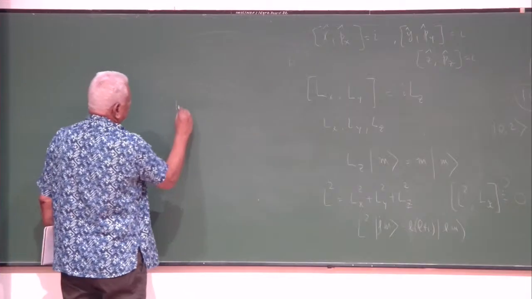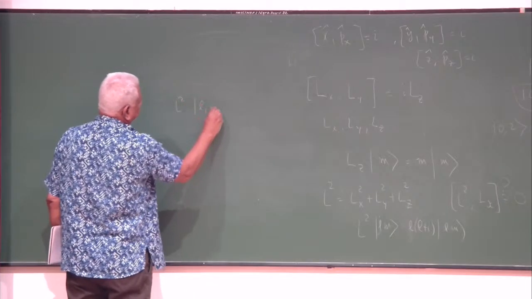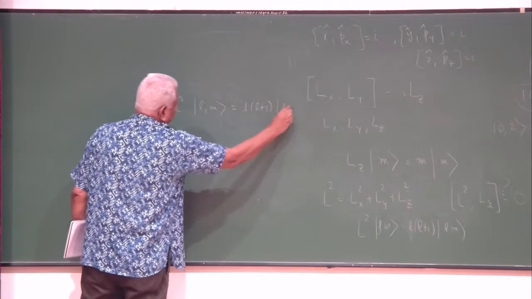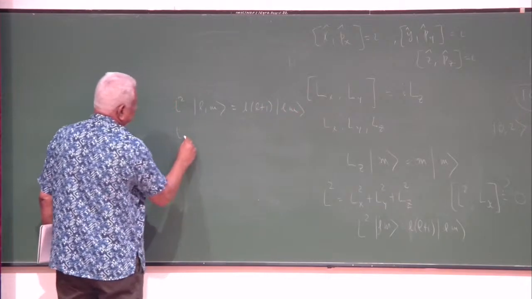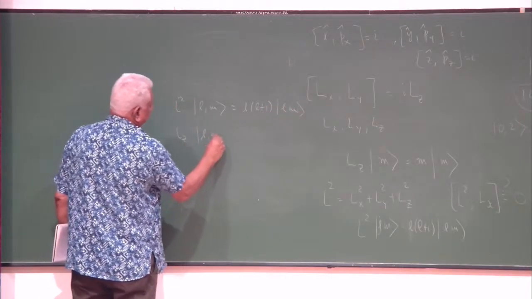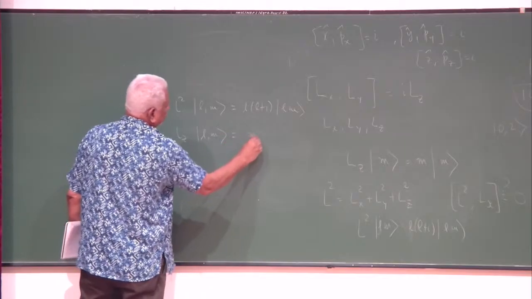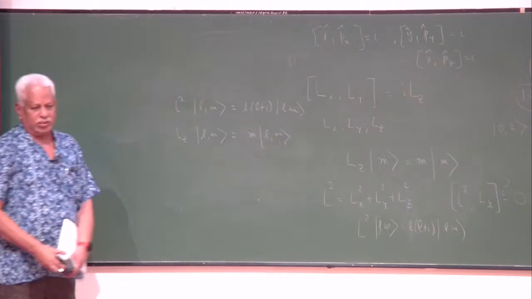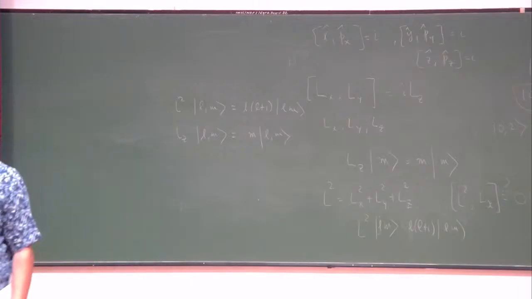L square acting on L, m gives you L into L plus 1 times L, m. Lz acting on L, m gives me m times L, m. This is the basis, because you have diagonalized both of them.